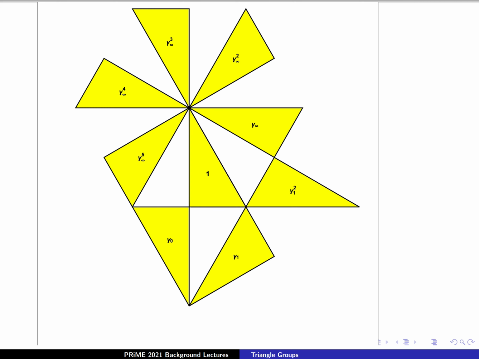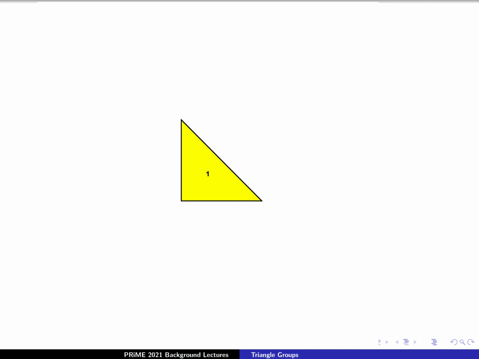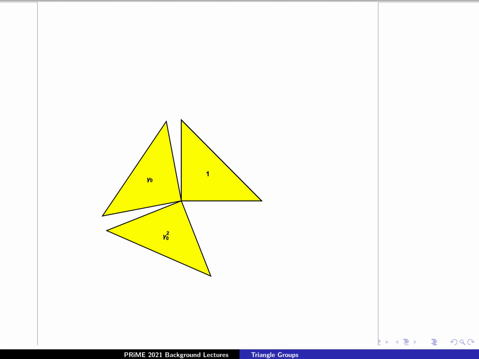Let's take a look at another example. Let's take a look here when we have m equal to 2, n equal to 4, and k equal to 4. This is a 90, 45, 45 triangle. Around the point P, we're going to rotate by 180 degrees.